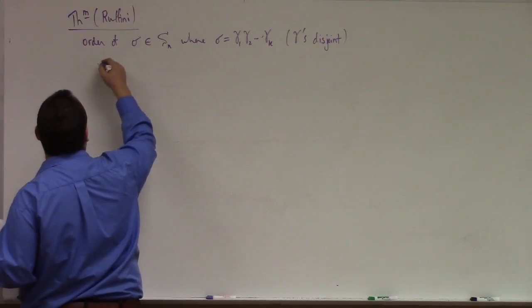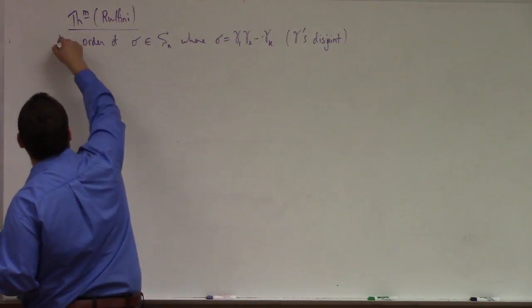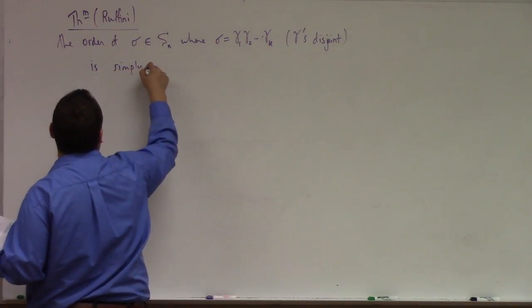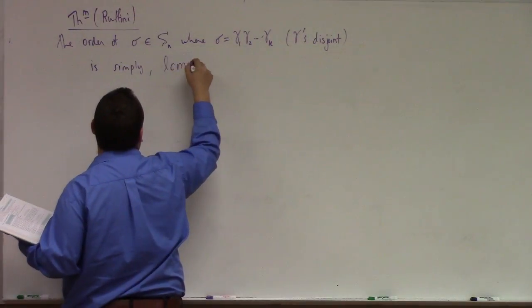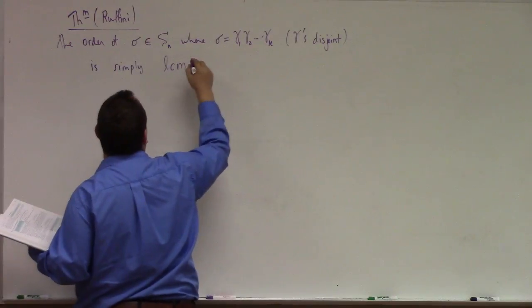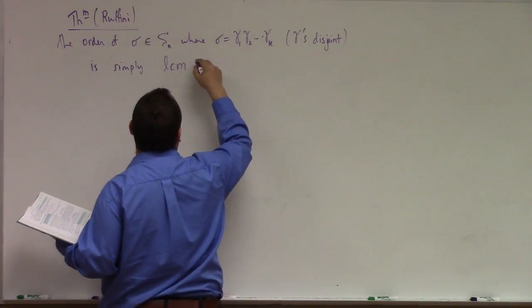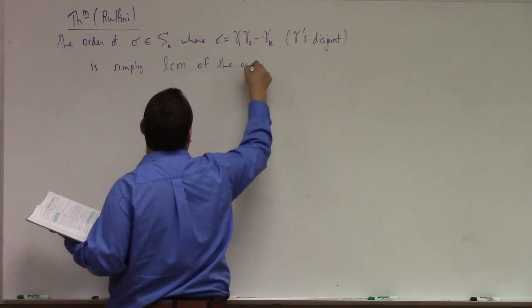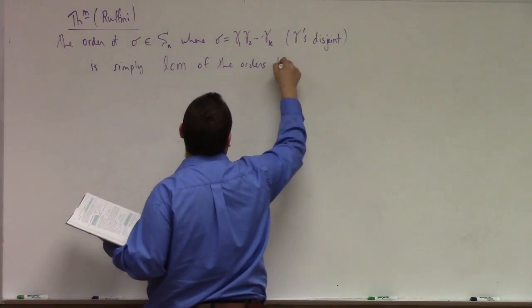The order of sigma is simply the least common multiple of the orders of the gammas.